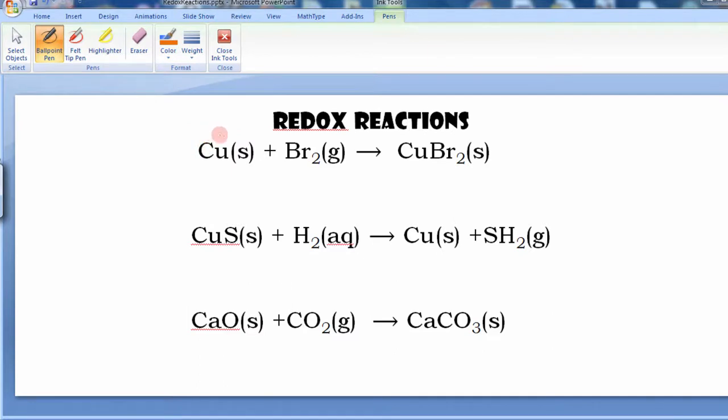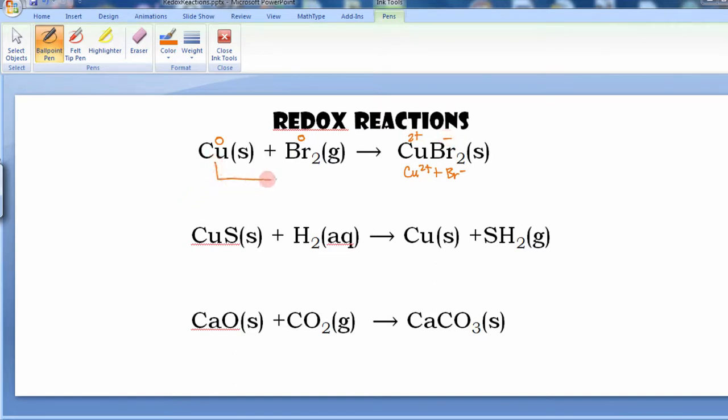The oxidation number of copper in this elemental state is what? 0. Bromine, Br2, as it is in nature, 0. Copper bromide, you recognize that this is what? Ionic. You can see Cu2+ and Br-. This is 2 plus, this is minus.